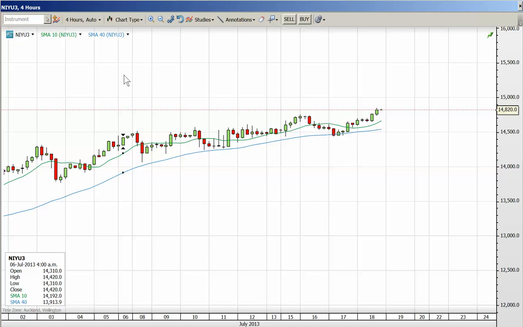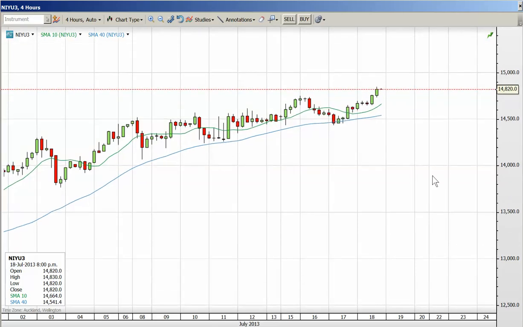And well, even what I've done has been, here's my entry, 1 pip, 5 pips above there with my stop below there. You can see just visually it's already about 4 to 5 times greater than my risk. So I'm already 5 to 1 on my reward to risk ratio.